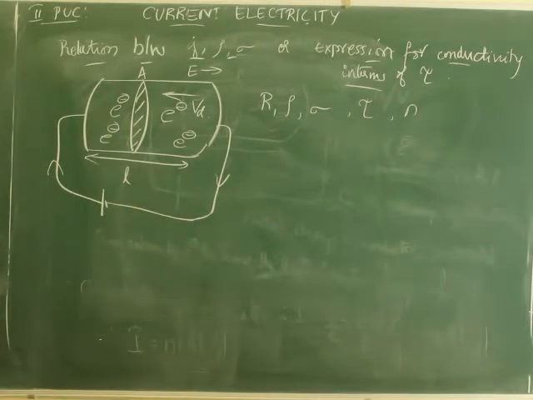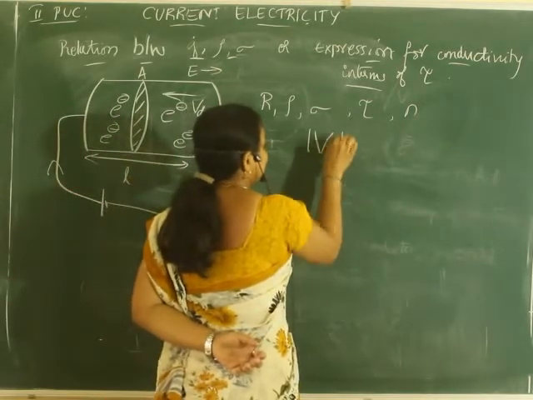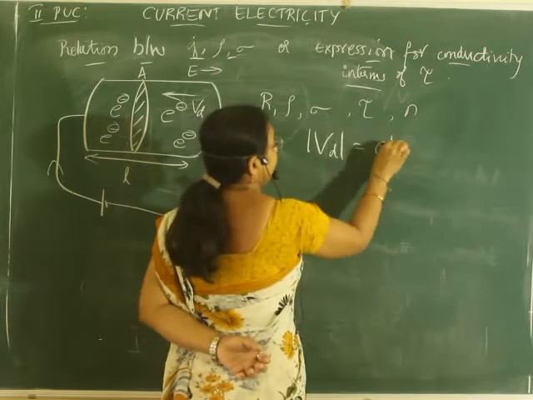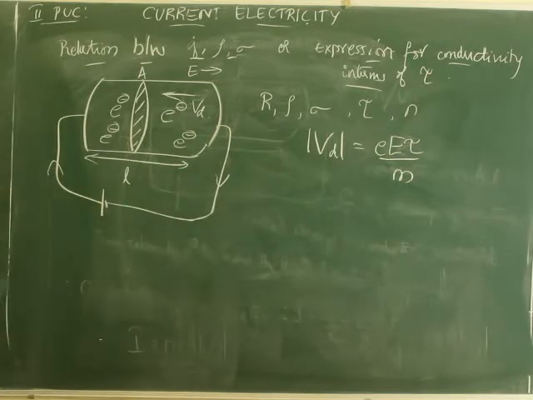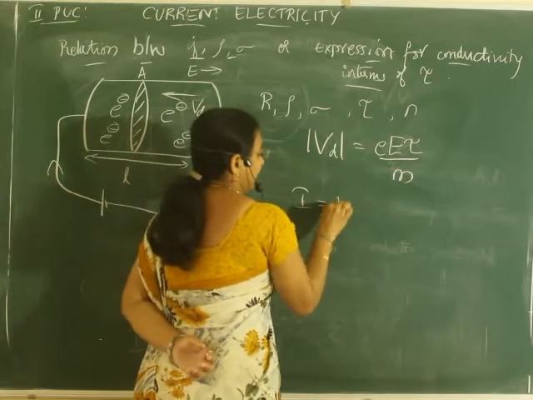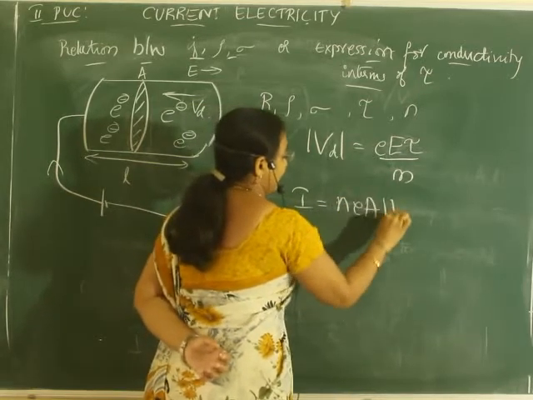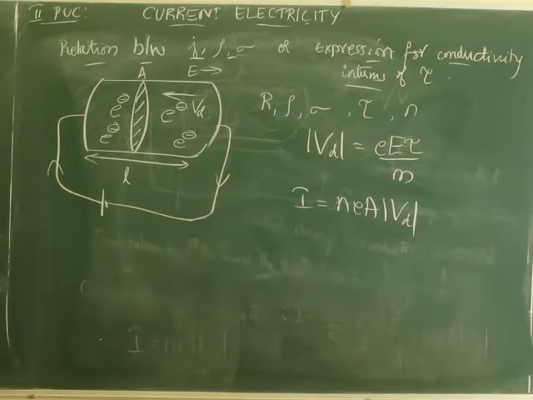Now, we know that the expression for drift velocity is Vd = E tau/m, where m is mass. And also we know that I = neAVd. Correct?